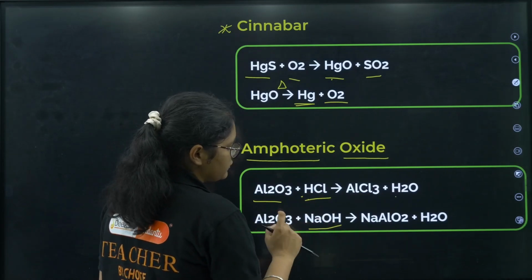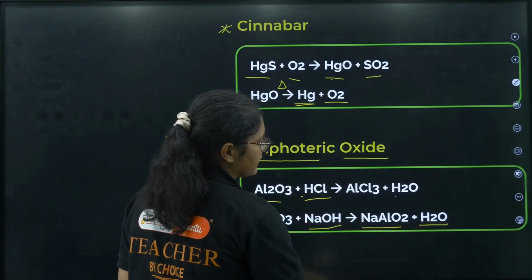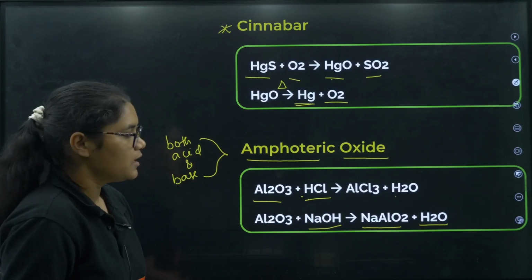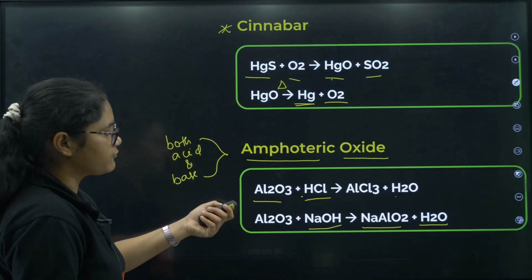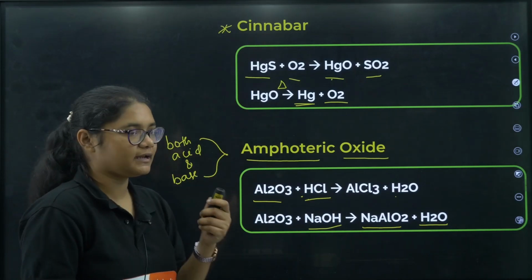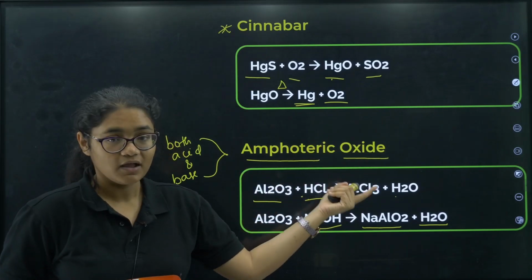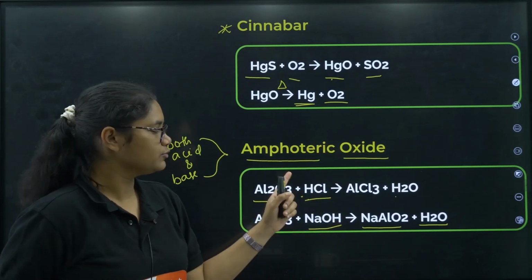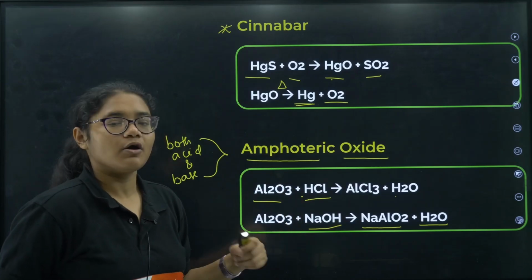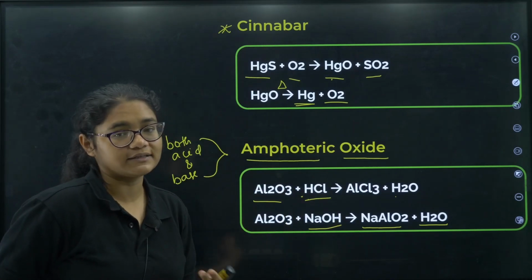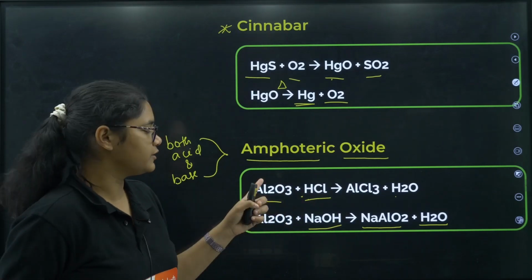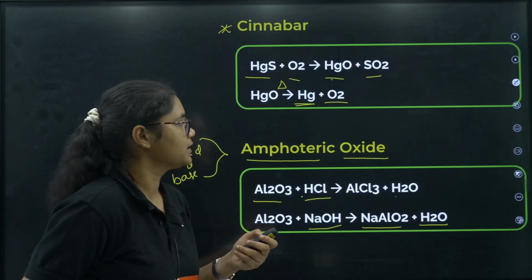Al2O3 with NaOH, you will get NaAlO2 plus H2O. So if a question asks you to give an example of an amphoteric oxide with the reactions, then you must explain this one. Or if a question is like, why is Al2O3 an amphoteric oxide, then also you have to explain with reactions.